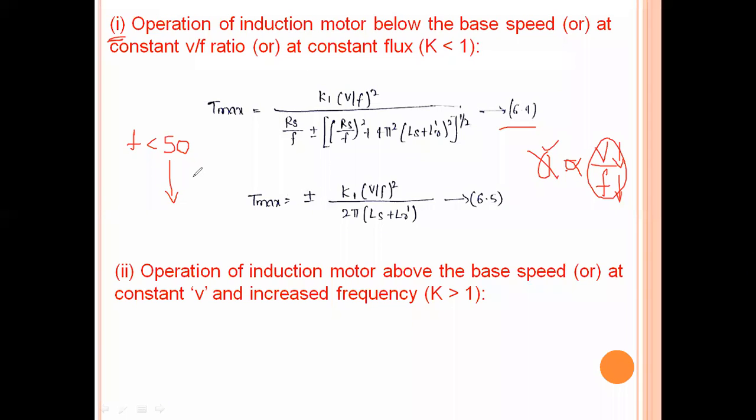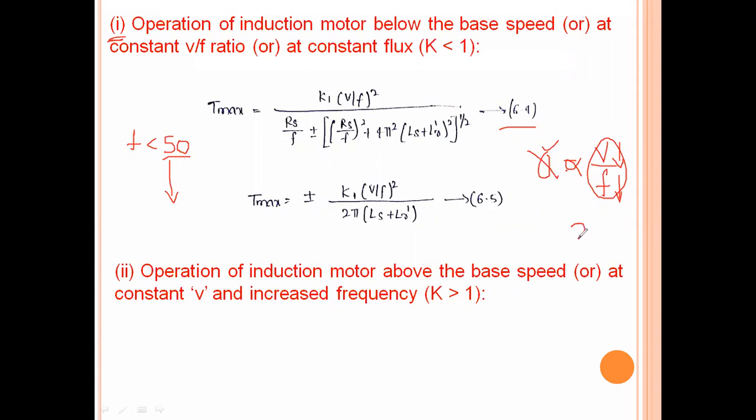Hence, variable frequency control below the rated frequency, which means below 50 hertz, if 50 hertz is our rated value, can be carried out to maintain this air gap flux constant with the help of stator voltage.